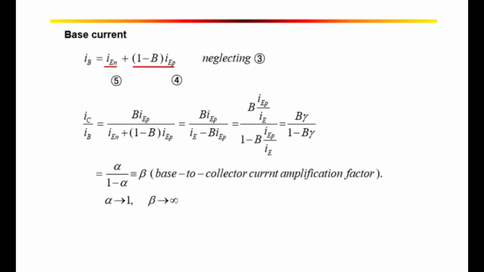In each case, the lost electron must be resupplied through the base current IB. If the fraction of injected holes making it across the base without recombination is B, then it follows that 1 minus B is the fraction recombining in the base.